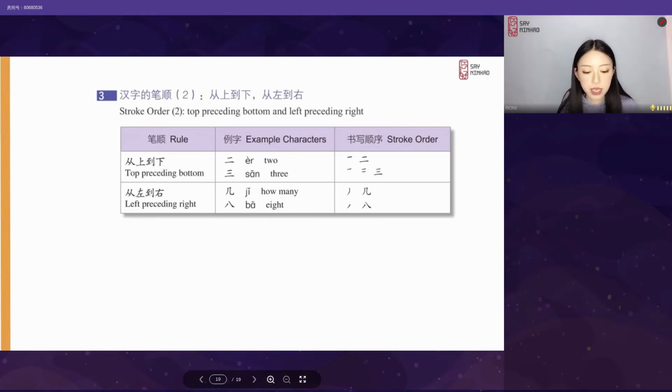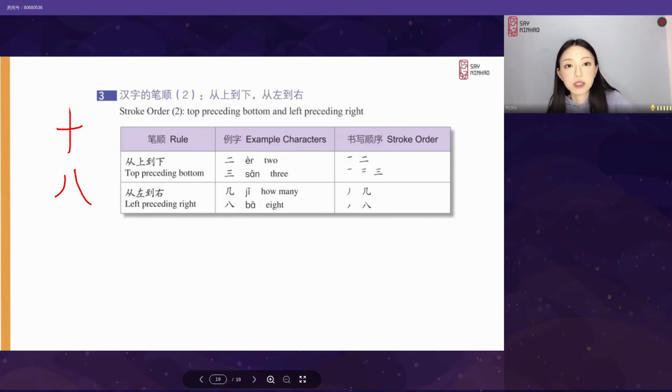Try to practice. And now the second part of stroke order. In the last lesson we learned the stroke order is first horizontal and then vertical, first left turning and then right turning, right? And today another stroke order is top to bottom, left to right.